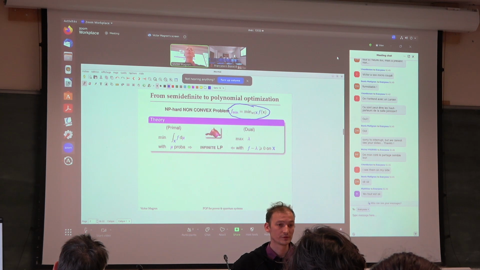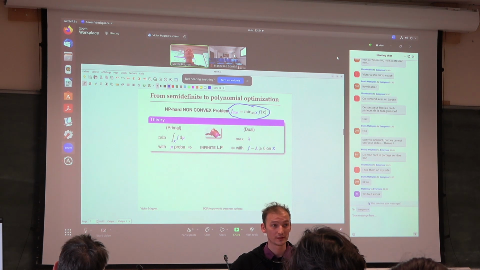So this problem is non-linear, but the set of constraints is finite dimensional, okay? And so the trick that we use is that we transform this non-linear problem into a linear problem. So it's an infinite dimensional linear program.